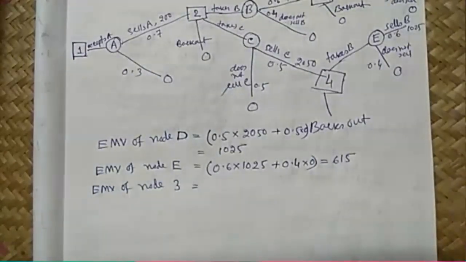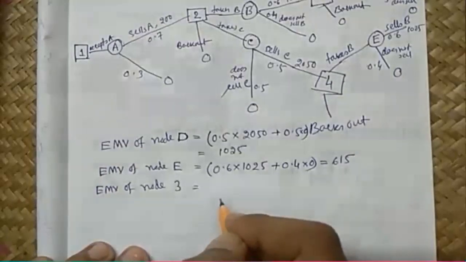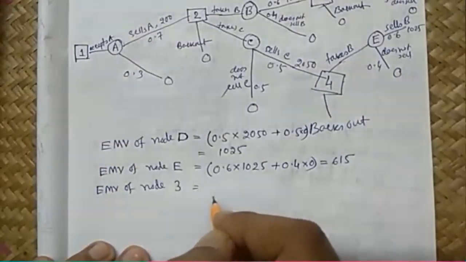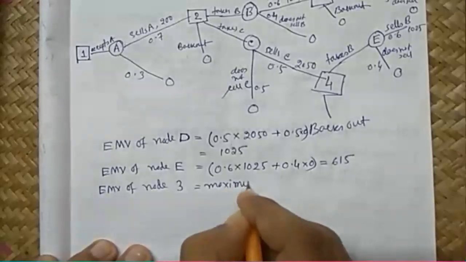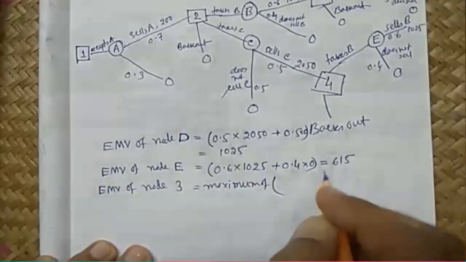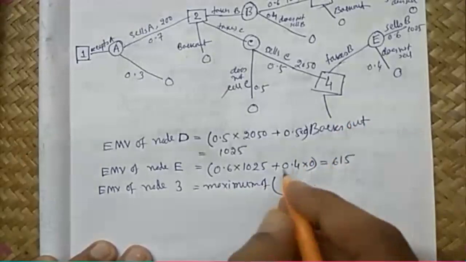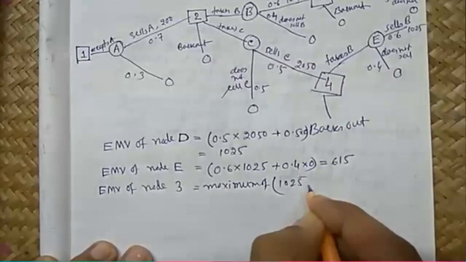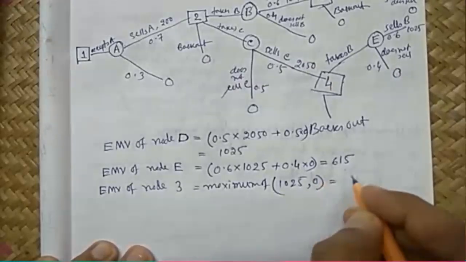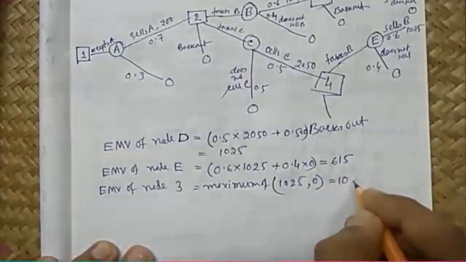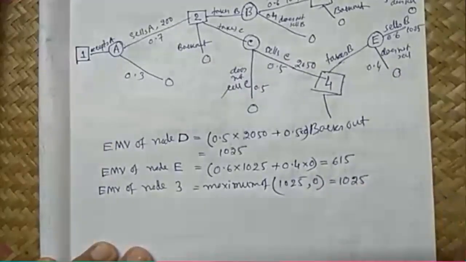If he takes C, there is no cost associated, no payoff. So EMV of node 3 will be the maximum of the two options: EMV of node D, 1025, and 0, which gives 1025.